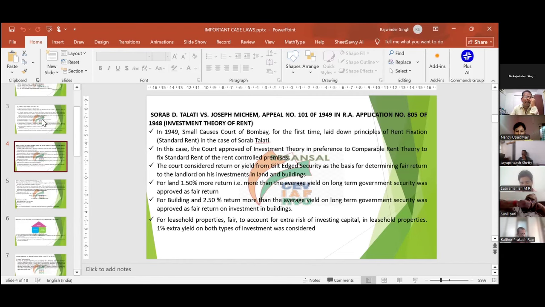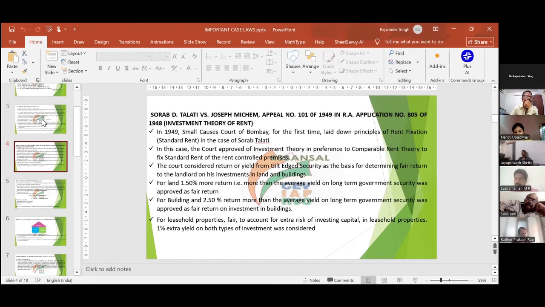And for leasehold properties, the court says, in leasehold property, 1% extra yield on both types of investment is to be considered. Because in case of years' purchase, you will be calculating the value on the basis of return, so higher the rate of return, lower will be the value.